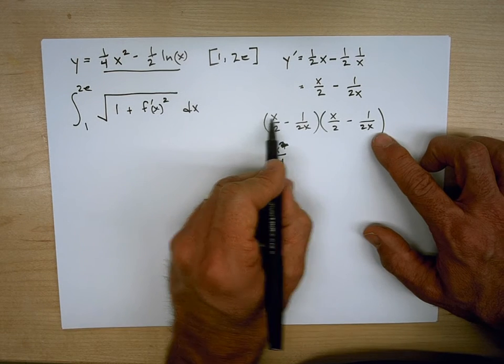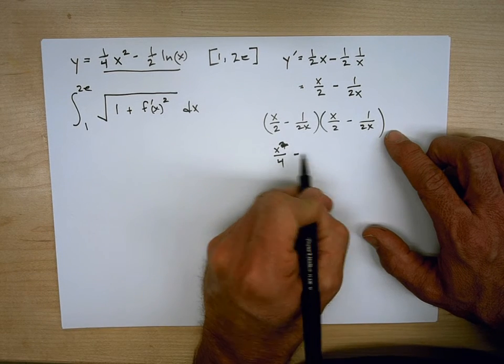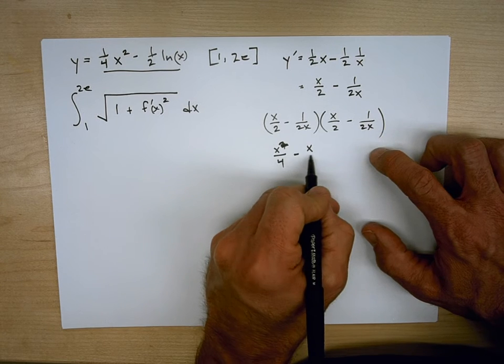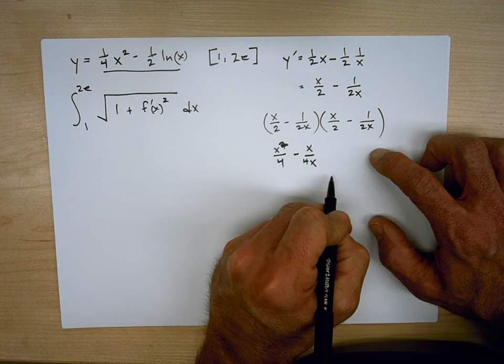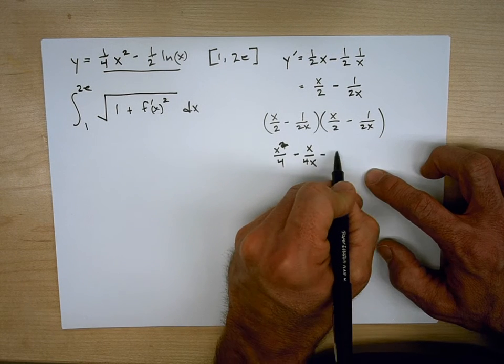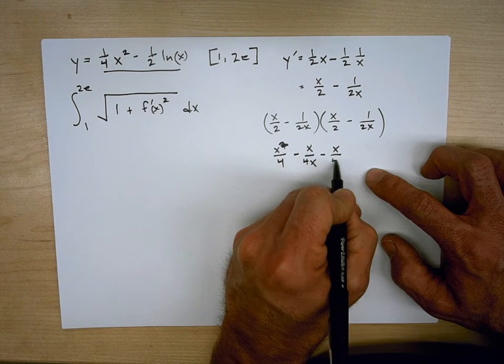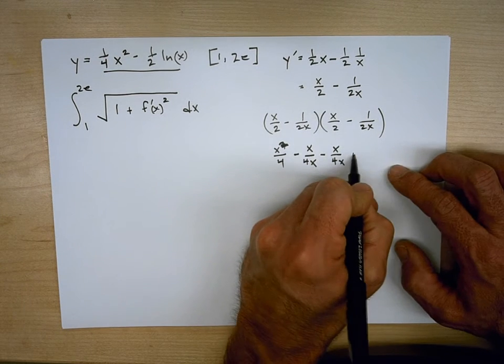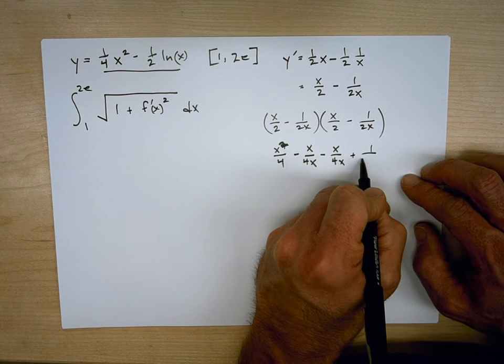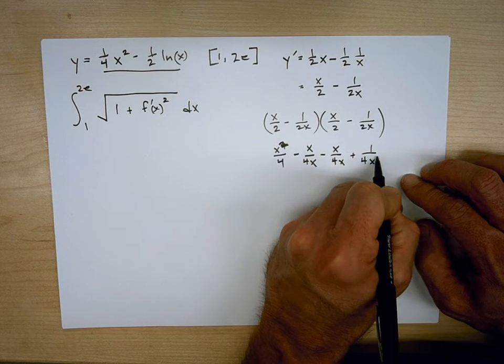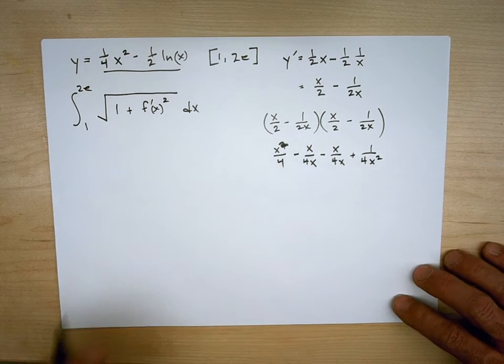The outer term is going to be minus x over 4x. The inner term gives me the same thing, minus x over 4x. And the last terms give me a plus 1 over 4x squared.